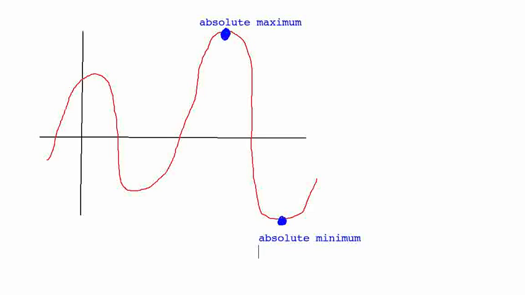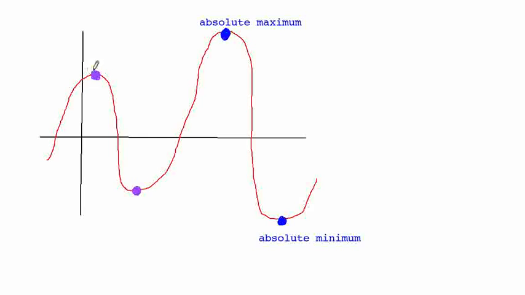Okay, now on the other hand, can you see that you have a smaller mountain and a shallower valley? Let me put a purple dot at the top of the smaller mountain and a purple dot at the bottom of the smaller valley, the shallower valley, or whatever you call it.